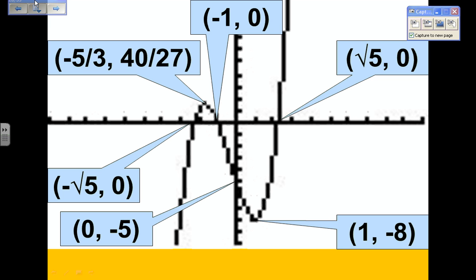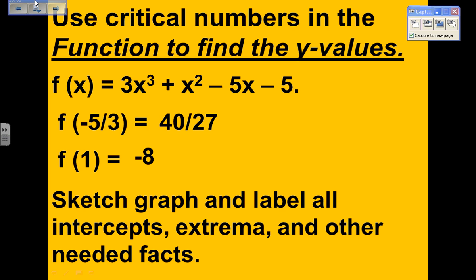Now you don't put in the derivative. No, these are y values. They go into the function. 4027 and negative 8 are the y values for your local max and local min.